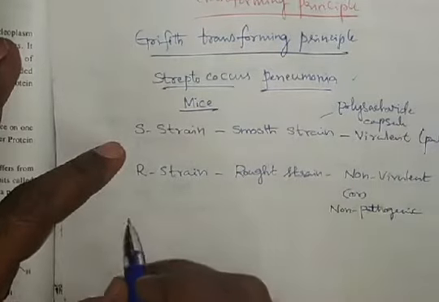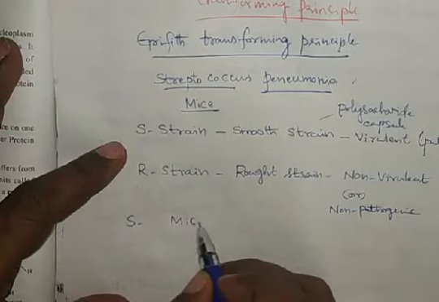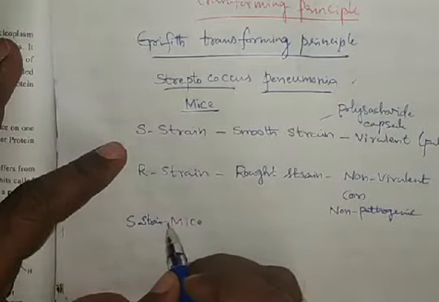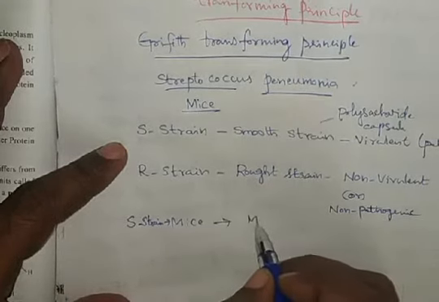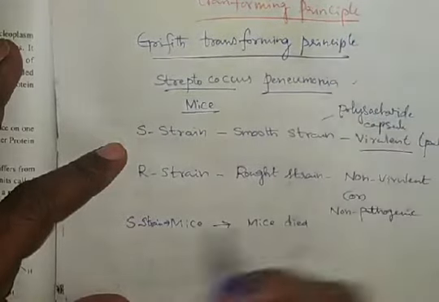And he injected the S strain into the mice. Then the mice died, because it is virulent.